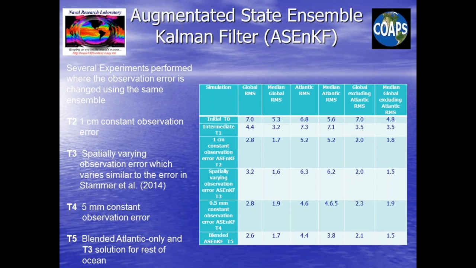We said, believe the observations, they just actually have to be really, really right. So we said the obs error is only 0.5 millimeter. And you can see that solution is not significantly different than the rest of the solutions. So this was one of the questions we had to address.